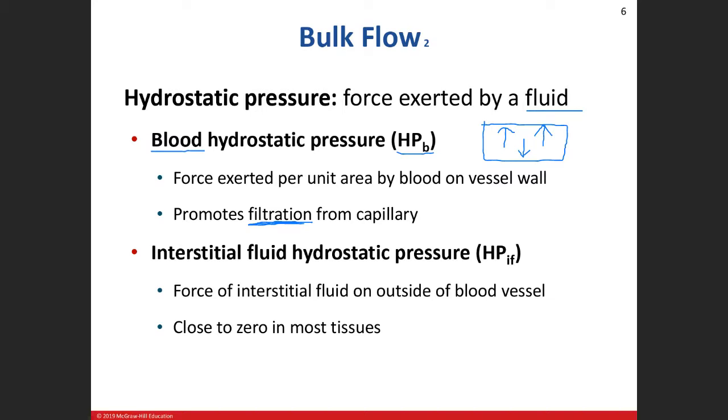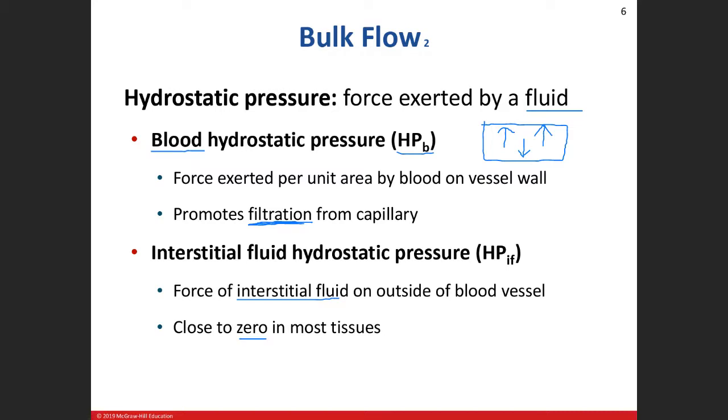The second one here is the interstitial fluid hydrostatic pressure. Here's the nomenclature, HP_IF, subscript IF, which is the interstitial fluid. This is the amount of pressure that the fluid in the tissue is going to put on the outside of the blood vessel wall. So interstitial fluid, how much is it going to be pushing in on the blood vessel?